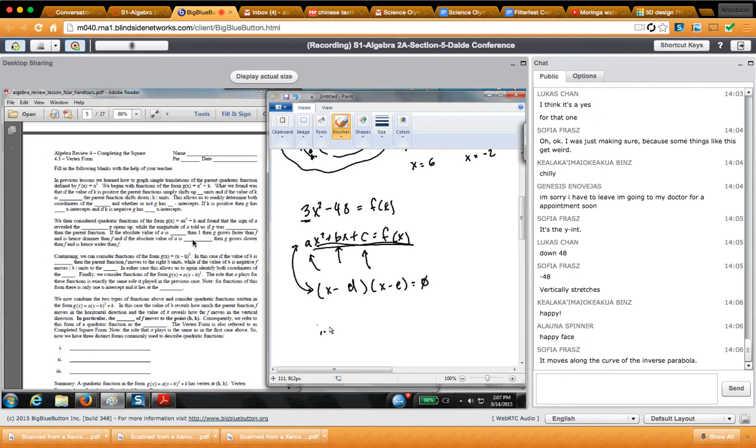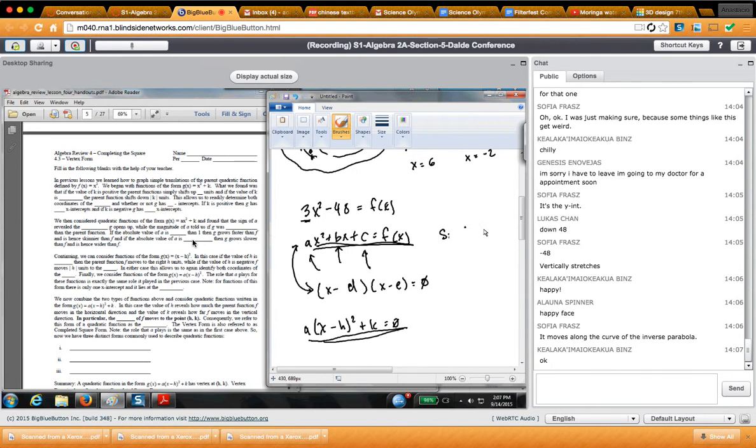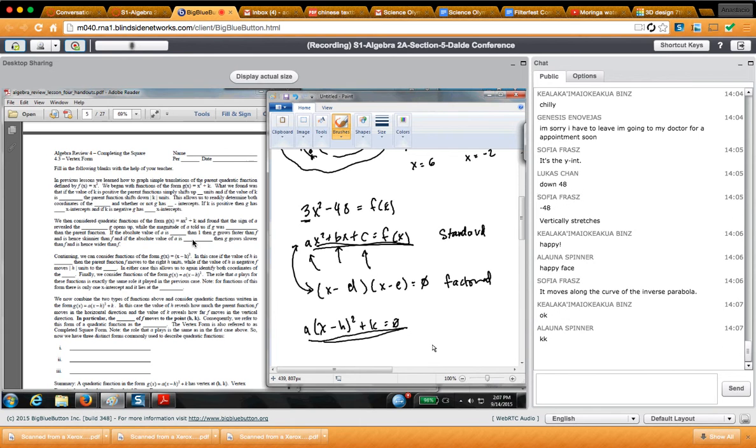It's a times x minus h squared plus k equals 0. Write this down. Okay, this is standard form. This is factored form. And this right here is called vertex form.